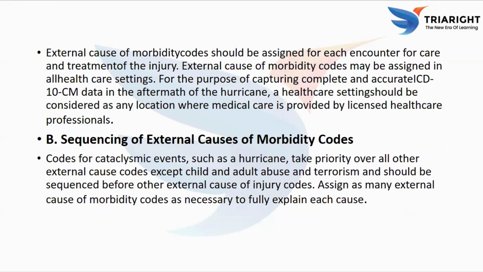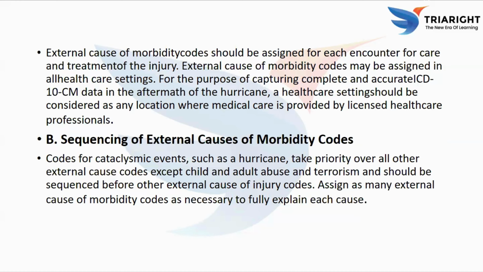These codes are used for every visit whenever a person is treated for an injury caused by the hurricane. They can be used in any healthcare setting, like a hospital, clinic, or any place where a licensed healthcare provider gives care. They help to collect accurate ICD-10 data about the hurricane's effects on health.